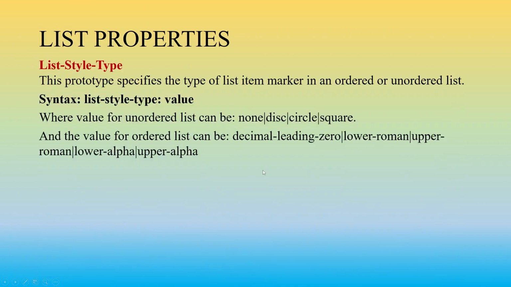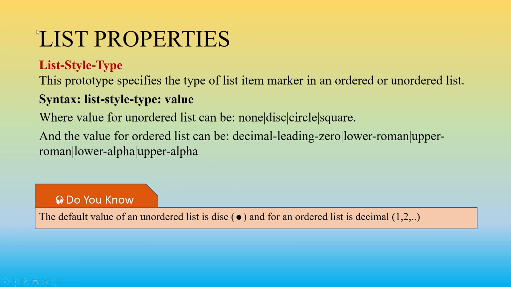Now there are some list properties. These list properties are related to CSS styling attributes, which we write in curly brackets. So there is one property with the name list-style-type. Here the type is what?